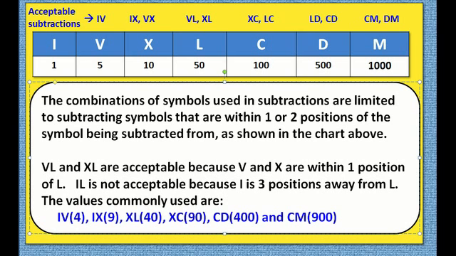The combinations of symbols used in subtractions are limited to subtracting symbols that are within 1 or 2 positions of the symbol being subtracted from, as shown in the chart above.